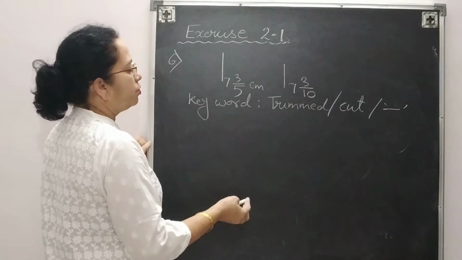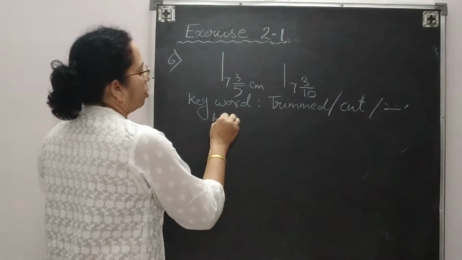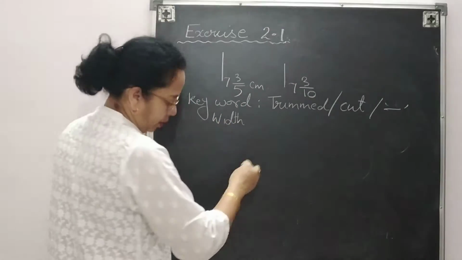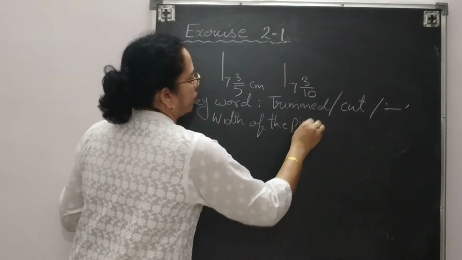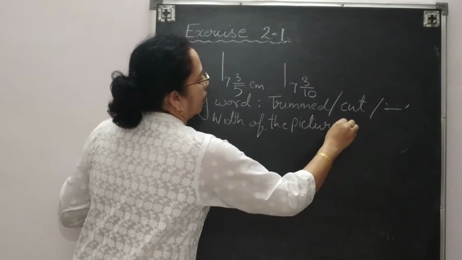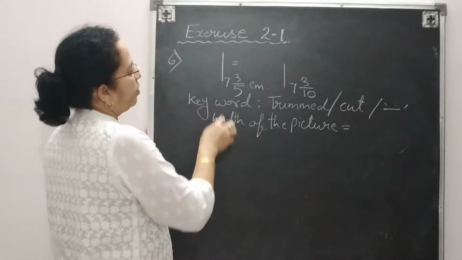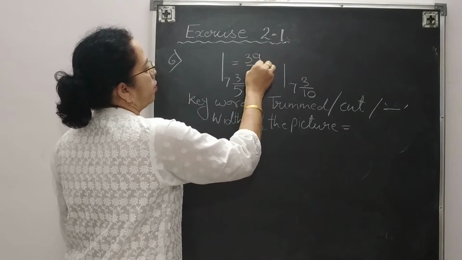Now we will write down the first statement. So the first statement we can start with width of the picture. Width of the picture. Here it is given. I am writing just in improper fraction. 5 7s are 35 plus 3 is 38 upon 5.